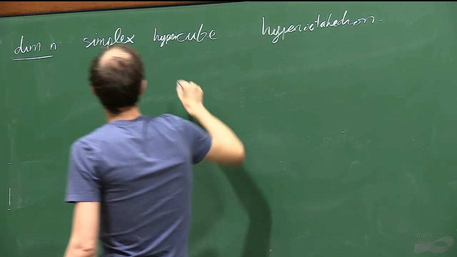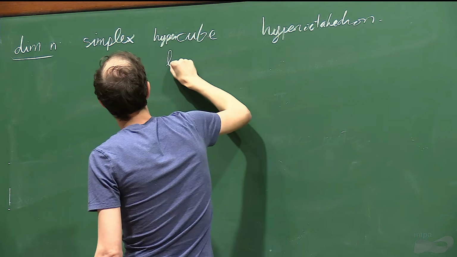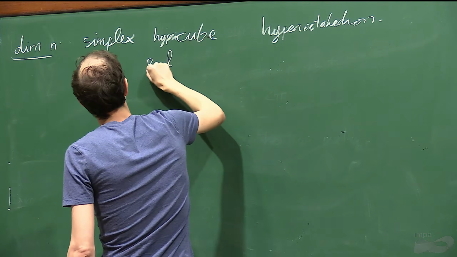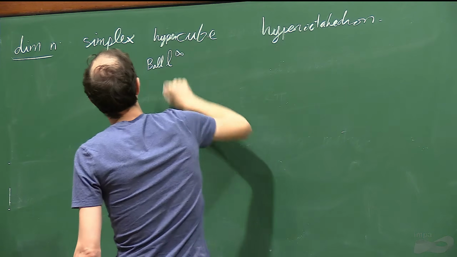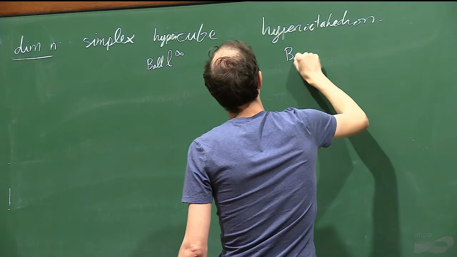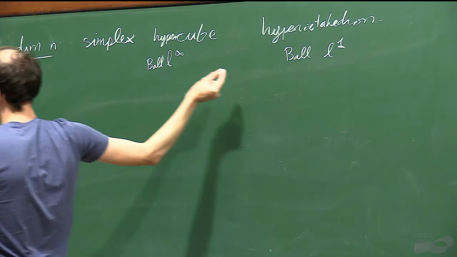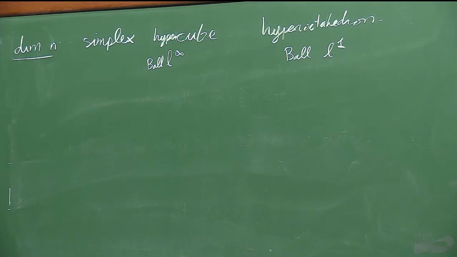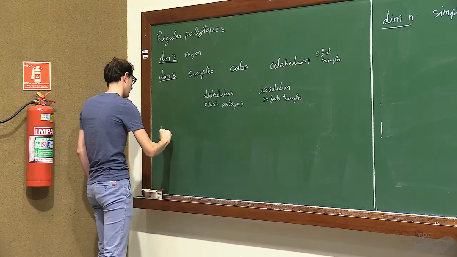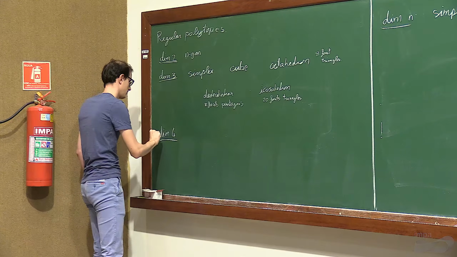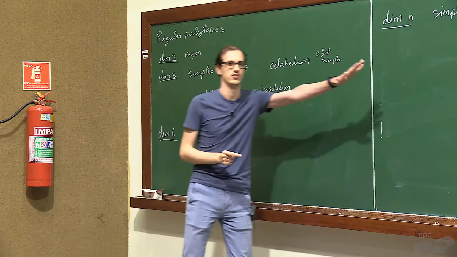They always exist because, for example, the cube is the ball in norm L infinity, the hyperoctahedron is the ball in norm L1, and the simplex is a face of the hyperoctahedron of dimension 1 more. And actually, when the dimension is at least 5, these are the only 3 that exist.